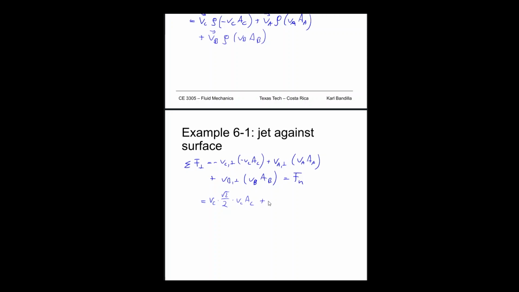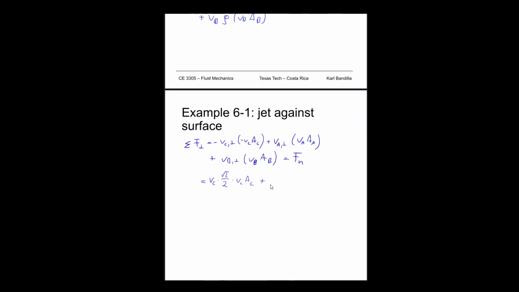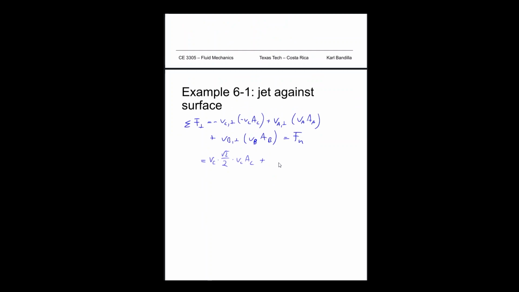Then at A, there's no flow going perpendicular. That's 0. And there's also no flow at B going perpendicular, because the full flow goes in the horizontal direction, in the parallel direction. So you can say that's plus 0, plus 0.